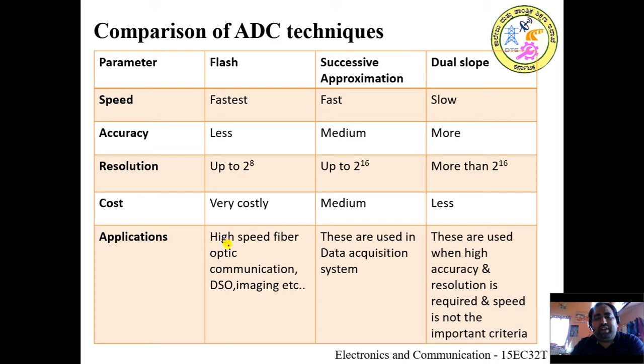The flash type of ADCs are used in high speed fiber optic communications, digital storage oscilloscopes, as well as in imaging, etc. Whereas the successive approximation type of ADCs are used in data acquisition systems, and the dual slope type of ADCs are used whenever we need high accuracy and high resolution, and speed is not an important criterion. In all those applications where an ADC is required, we will employ the dual slope type of ADCs.